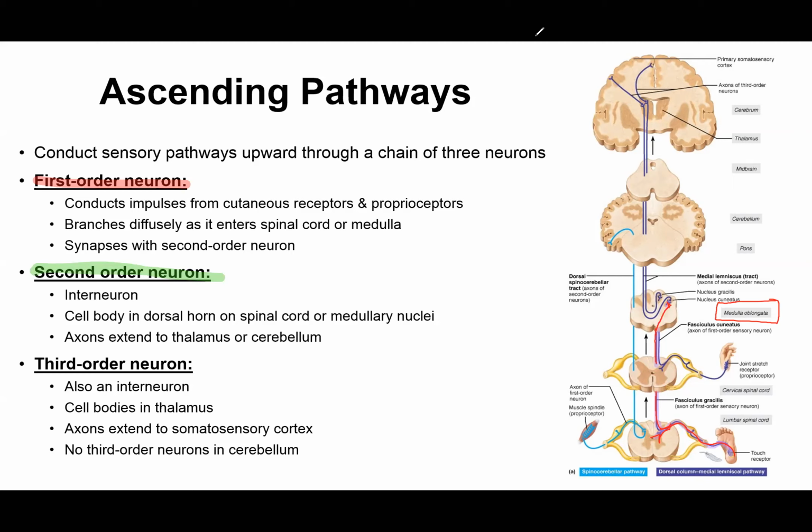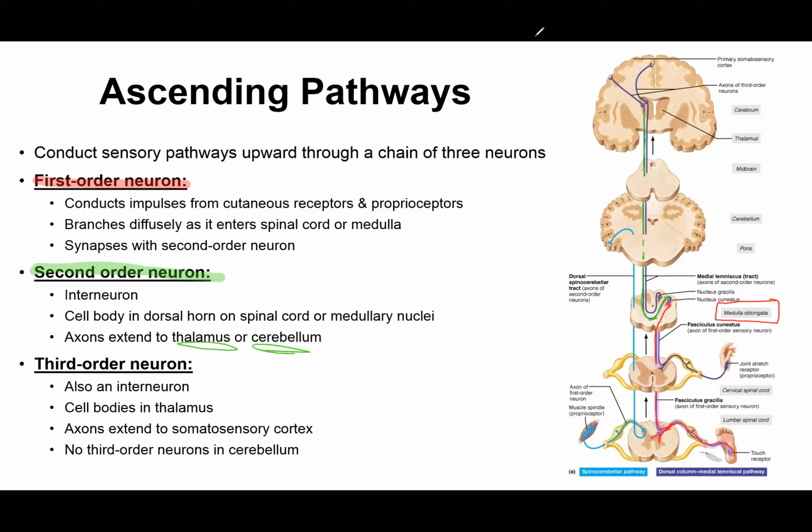Okay, so the second order neuron is starting here where the first order neuron just synapsed, and it is going to travel upwards and extend until it reaches either the thalamus or the cerebrum.